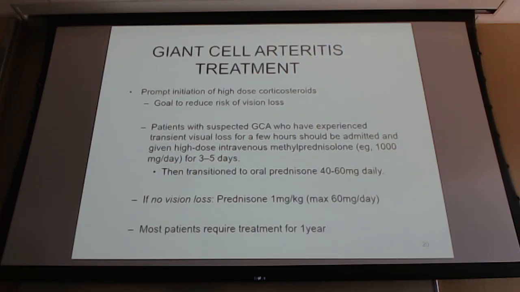Once we do all of that, then of course we're going to send them home with some oral prednisone. If there's no vision loss, then we're automatically going to just jump in on the prednisone. But if that vision alteration is there, then boom. Most of these individuals, if they've got GCA, will have that treatment last for about a year. So, prednisone.